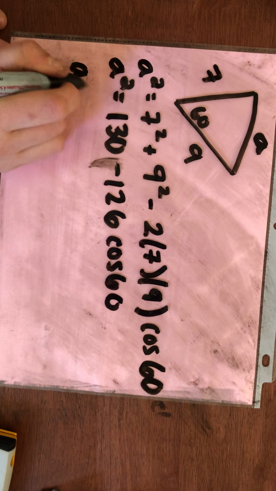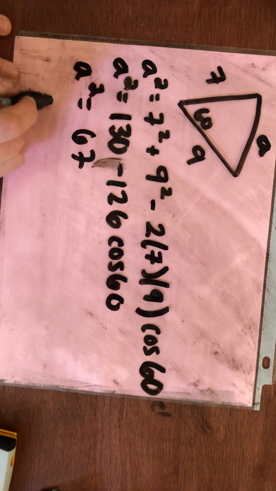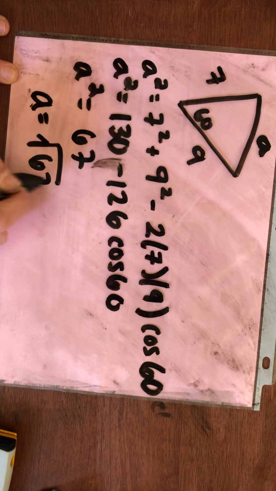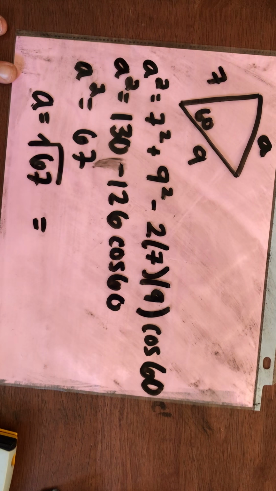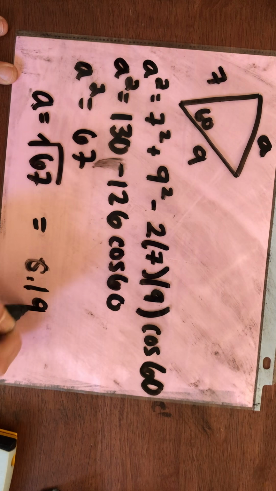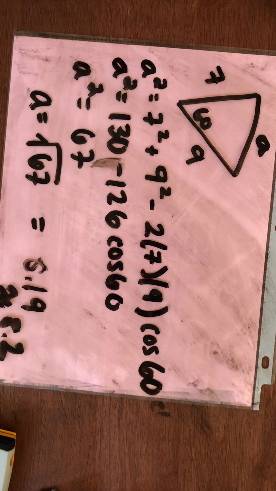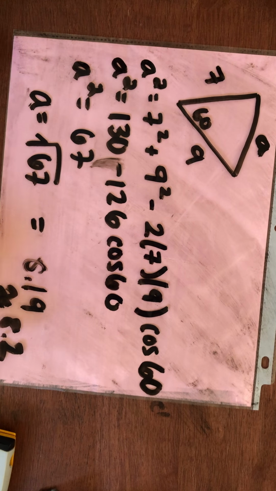Then I just type that all into my calculator and I get A squared equals 67. A equals the square root of 67, which equals 8.19, or about 8.2. And that's your answer for that one.